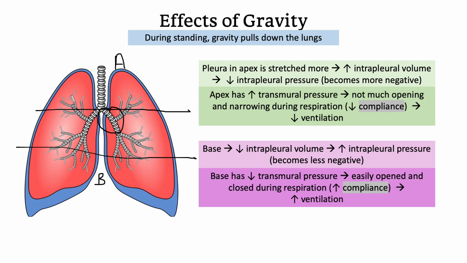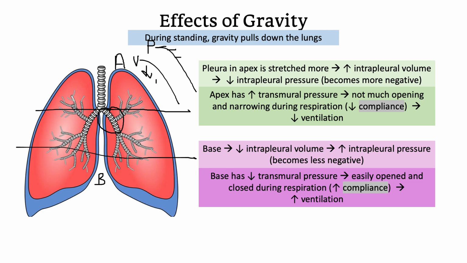Okay, so when we stand up, let us imagine here is the parietal pleura, which is connected to the thoracic cage, and here is the visceral pleura. So when we stand up, the lung goes down a bit.